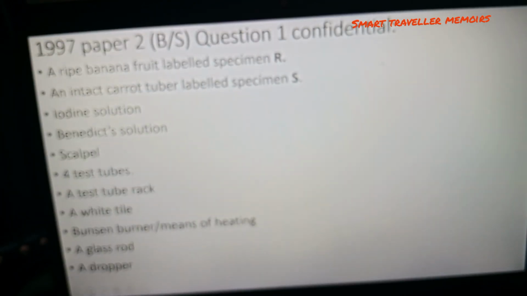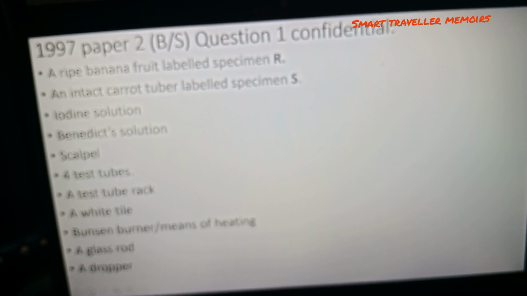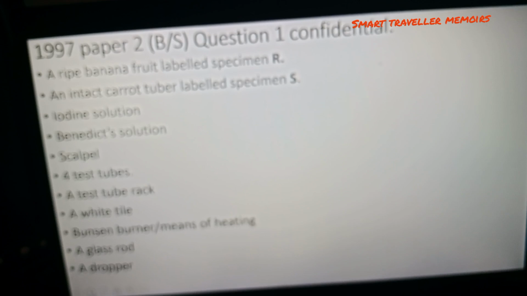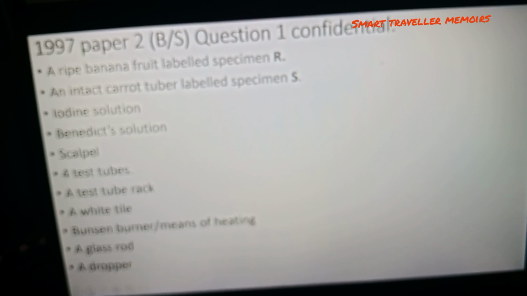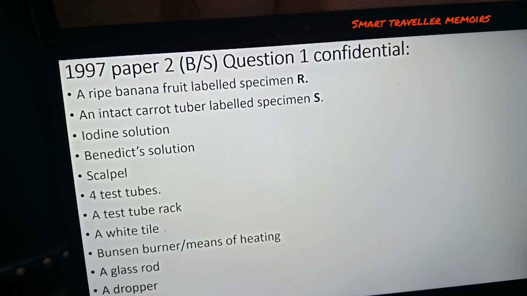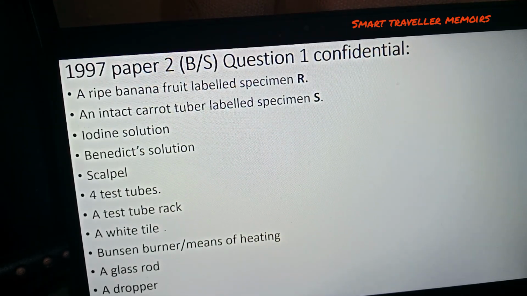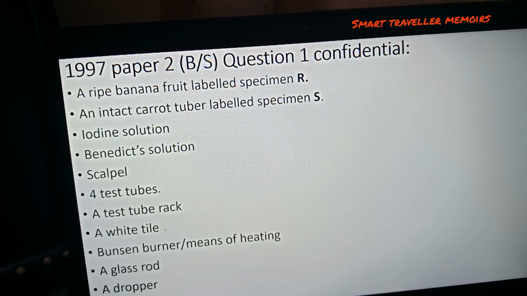But before we go to the questions, let's look at the confidentials.